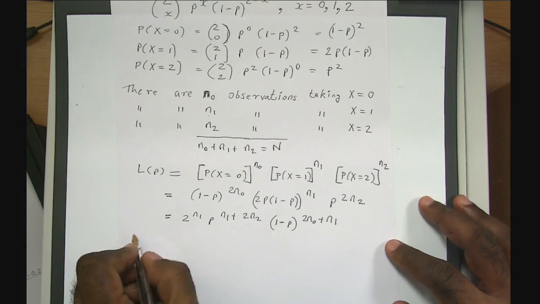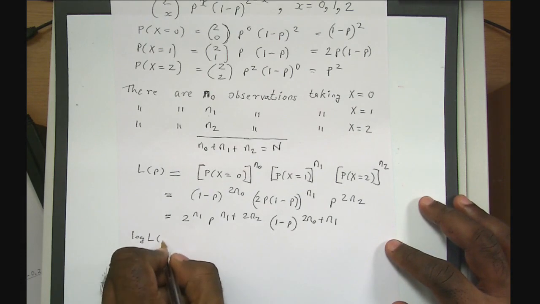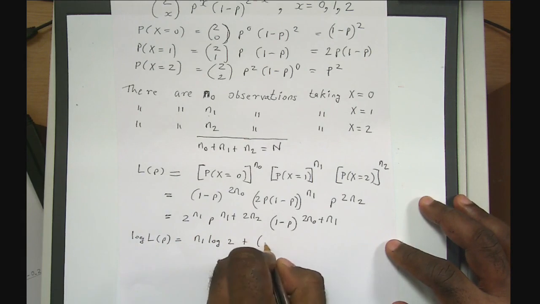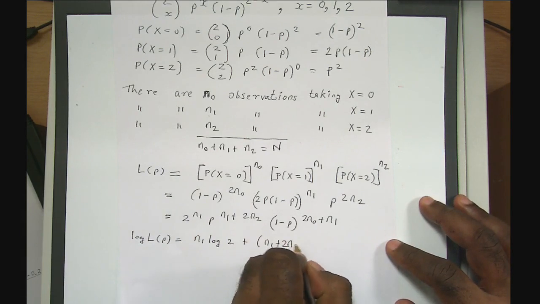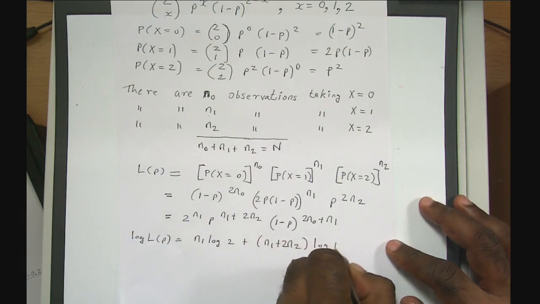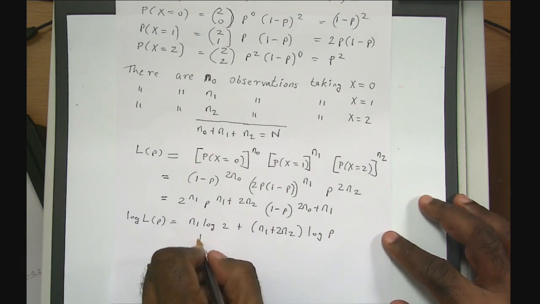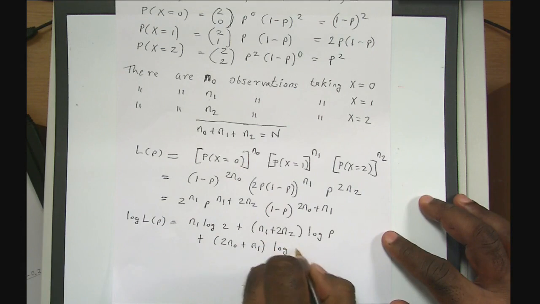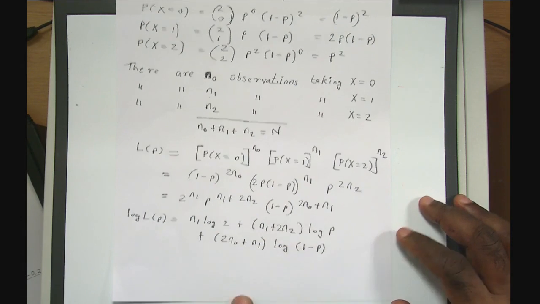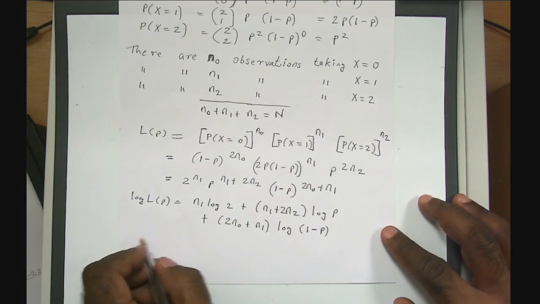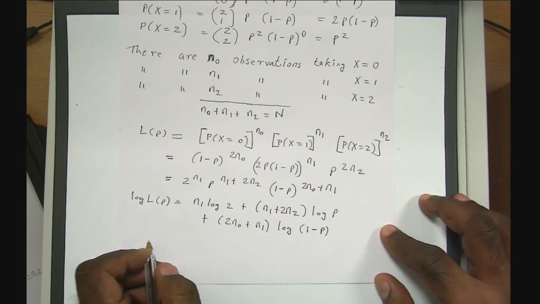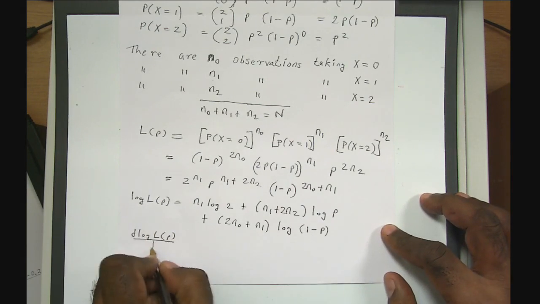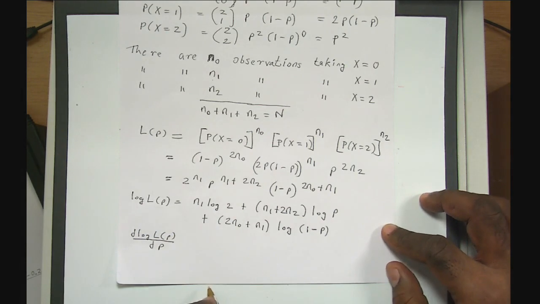The next step is to take the log of the likelihood, which will be n1 log 2, and so on. In order to find the MLE, you need to find the derivative with respect to p. So I'm going to differentiate the log of the likelihood with respect to p.